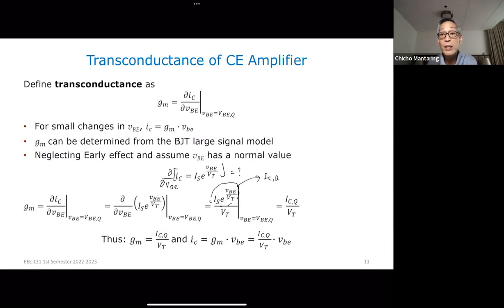Are there any questions? So that's an intuitive way of introducing to you transconductance. Again, it's not quite as robust as if I had done it using a Taylor series expansion, but at least you get the feel for why it is valid. Any questions?